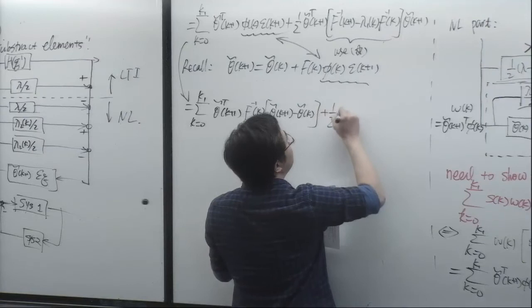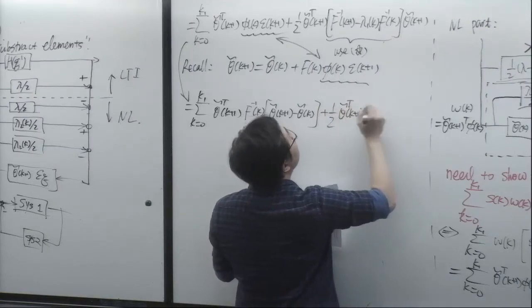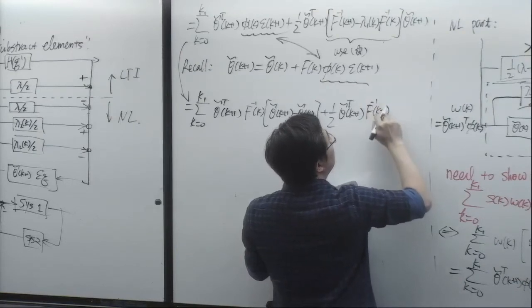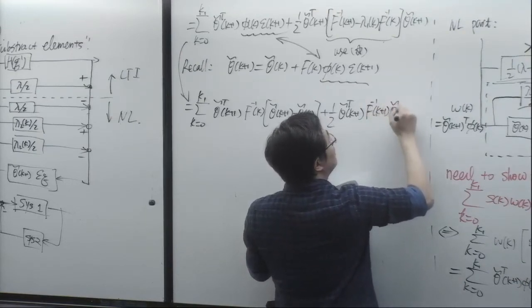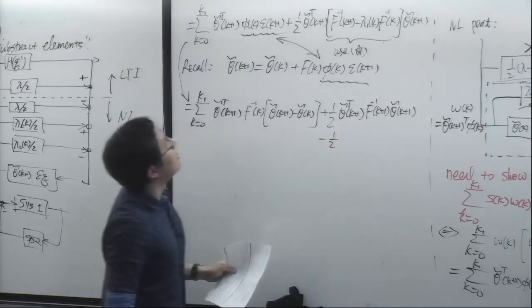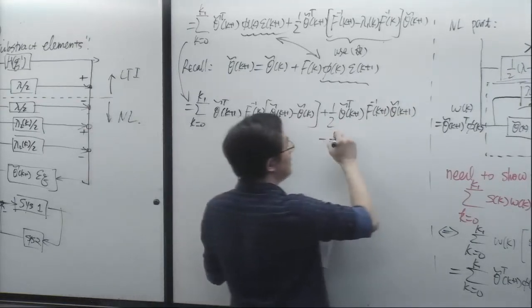Then the rest, I'm going to copy it down here, then minus half of lambda 1k.